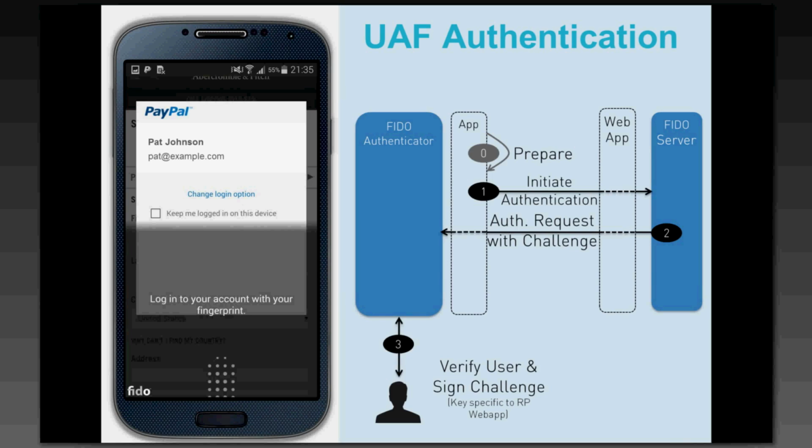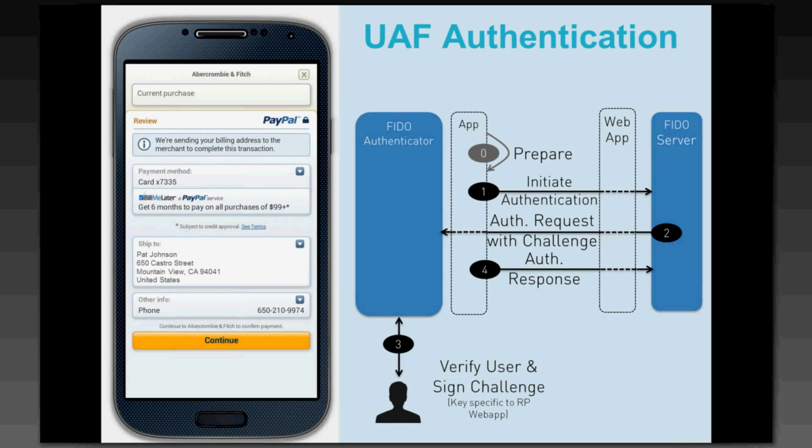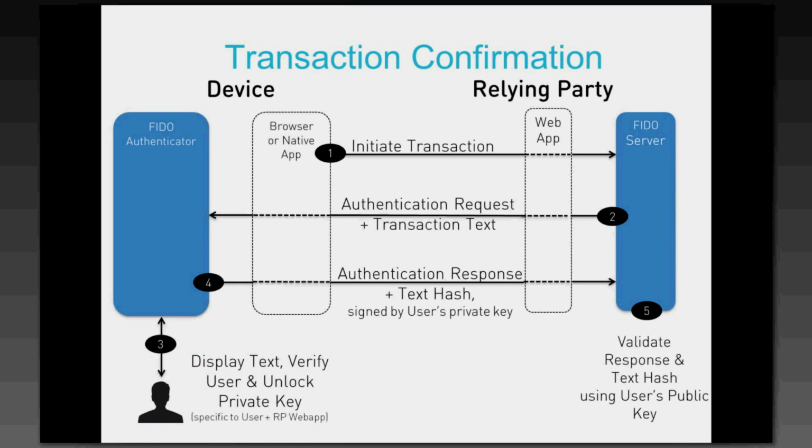So in addition to that authentication, which essentially is a session authentication, FIDO supports a functionality which we call transaction confirmation. With transaction confirmation, the FIDO authenticator receives what we call a transaction text. This might be an image or it might be a string, which essentially indicates what the user wants to do.